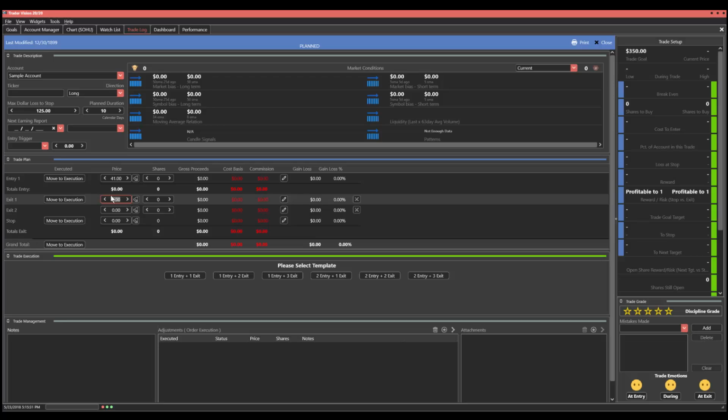I think it's at 43.80 and 47.60, and the stop was 39.60. Would help if I put in a ticker.